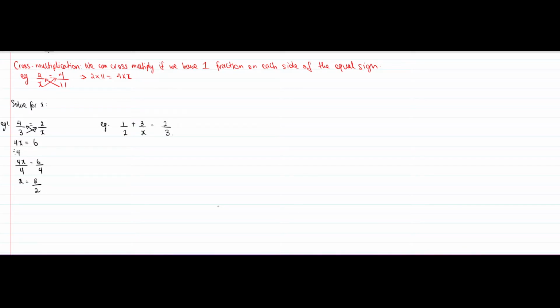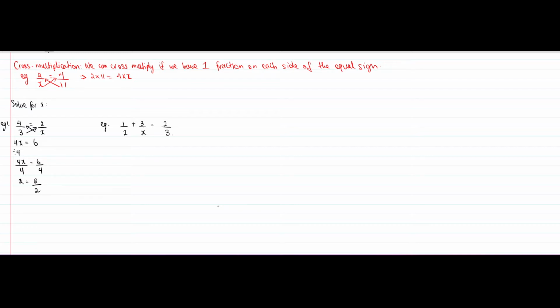So pause the video and ask yourself, am I allowed to cross multiply? If you pause the video, I'll give you the answer now. I am not allowed to cross multiply because I have two fractions on the left hand side of the equal sign.